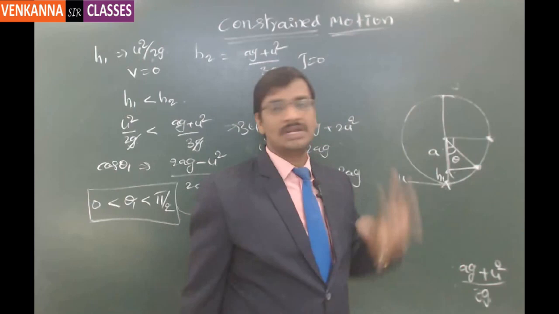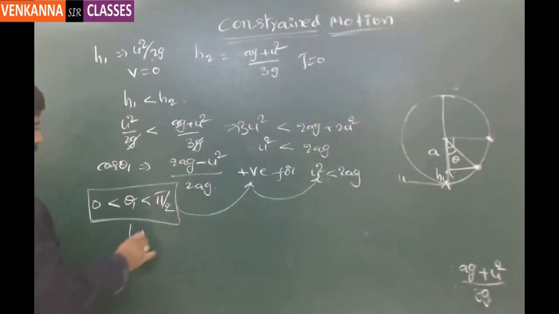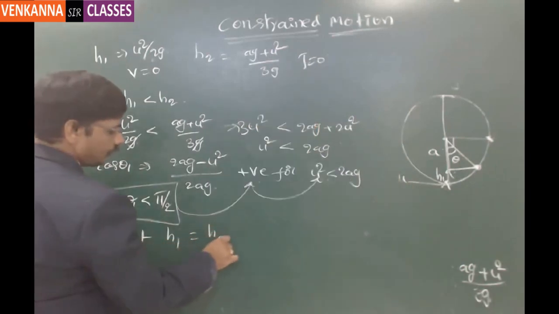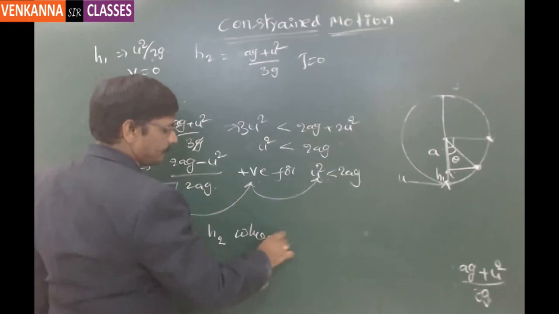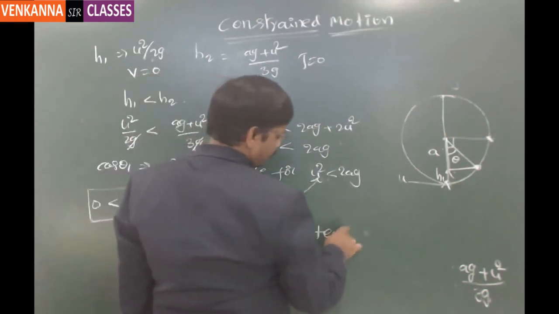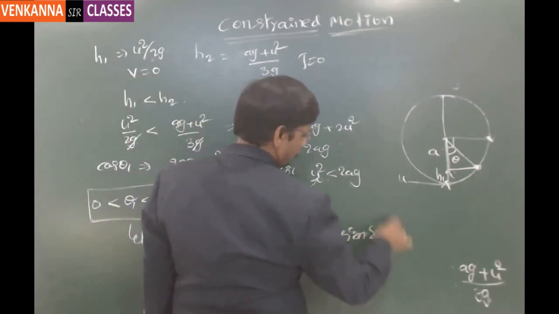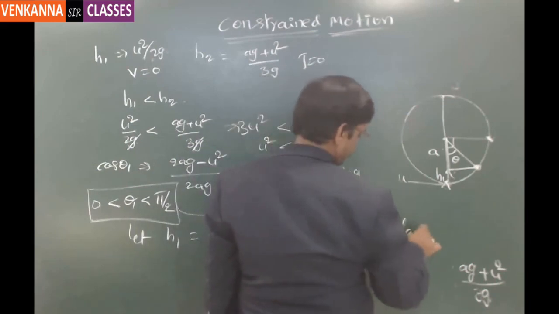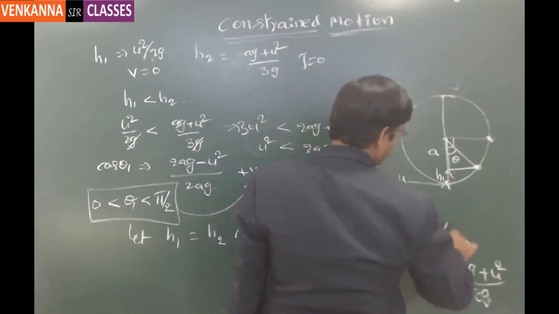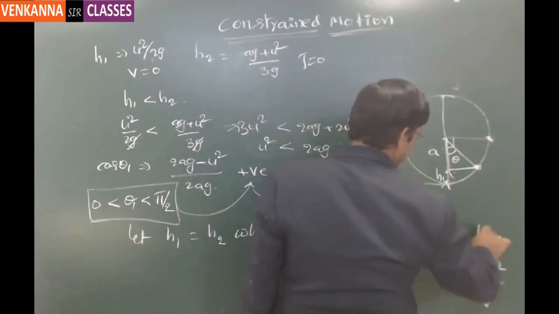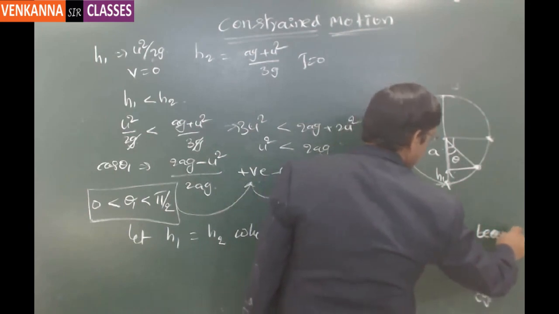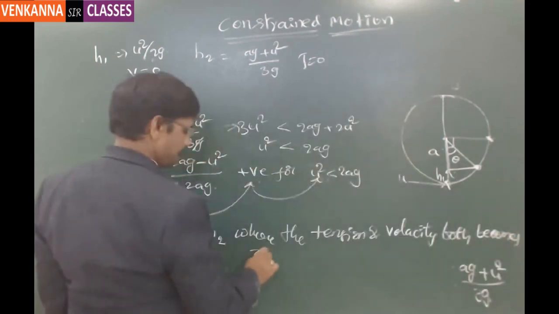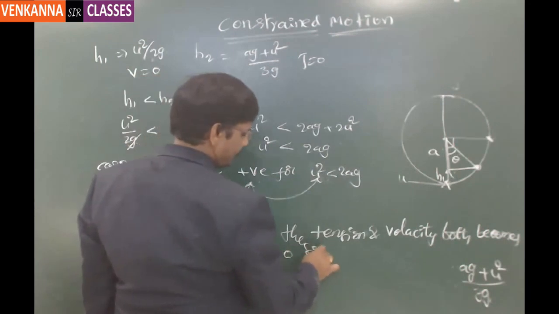Now what happens if both are becoming 0 simultaneously? Suppose, let H1 equal to H2, where the tension and the velocity both become 0 simultaneously.